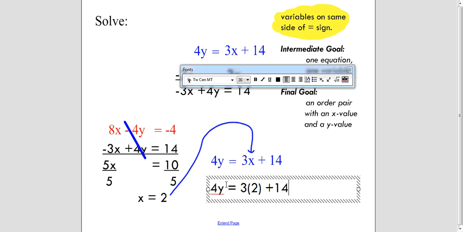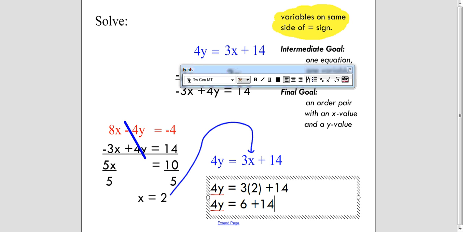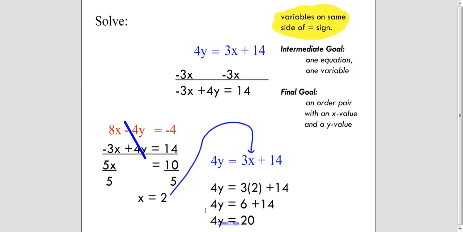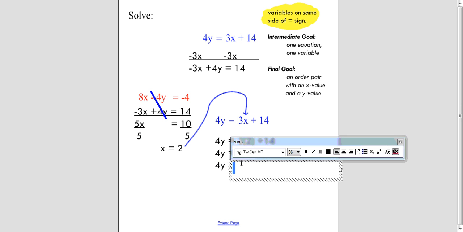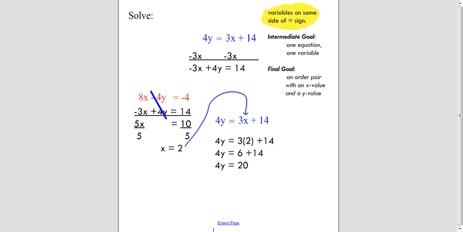Now there's nothing to move to the other side. So this is going to stay 4y. I've now got 6 plus 14, and I know some of you have already written down 20, because you're some of the best and brightest around. Then from there, you divide.